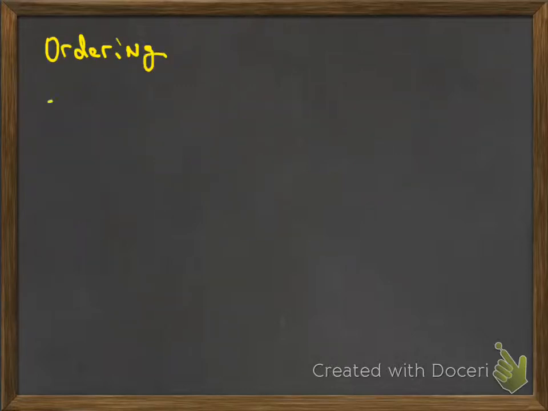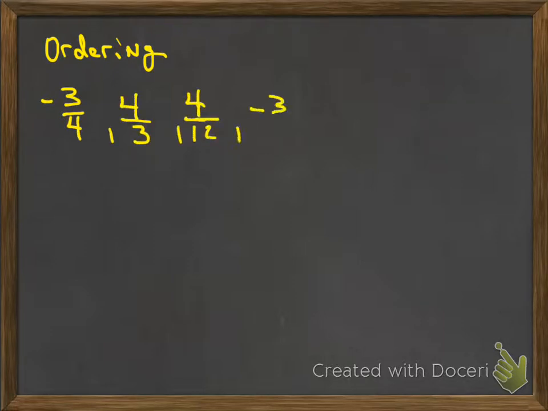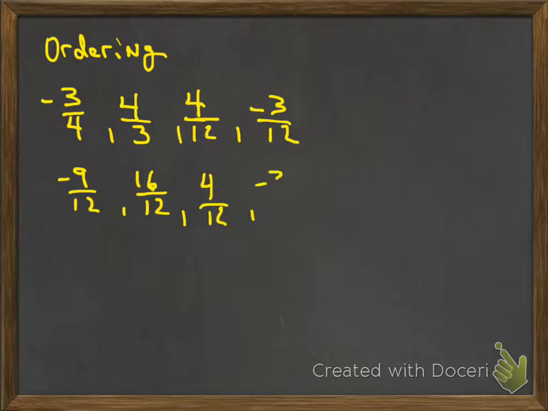And then, how about ordering? Could you order, let's say, several fractions, or fractions and decimals, something like that? In this case, what I'm doing is converting all of these so they have the same denominator. That way all I'm looking at is the numerators. So 3/4 became 9/12, 4/3 became 16/12, 4/12 stayed 4/12, and 3/12 stayed 3/12, because they all had a common denominator of 12.